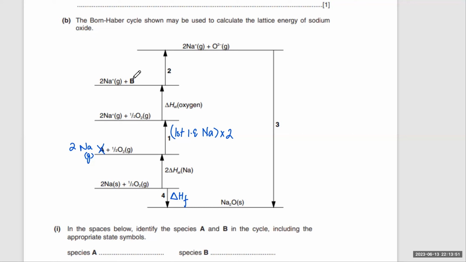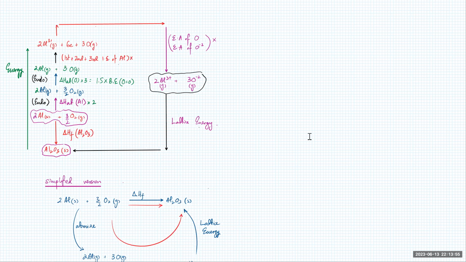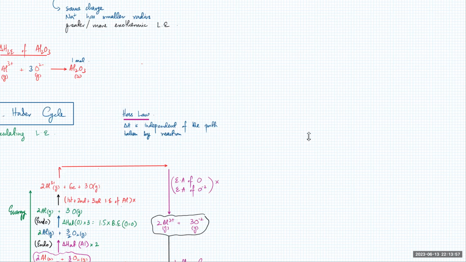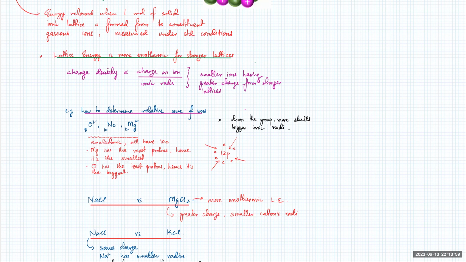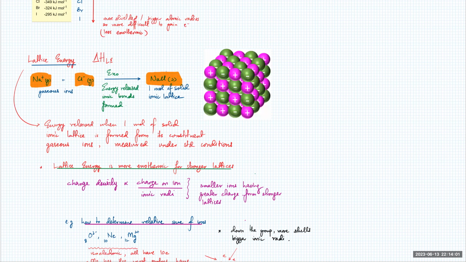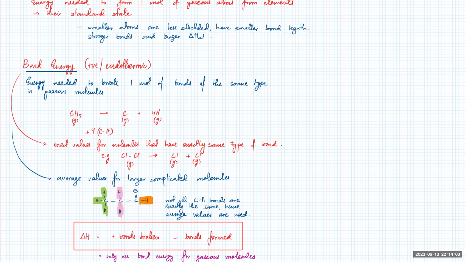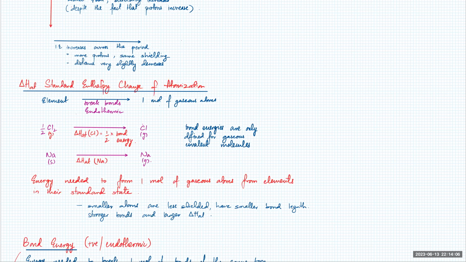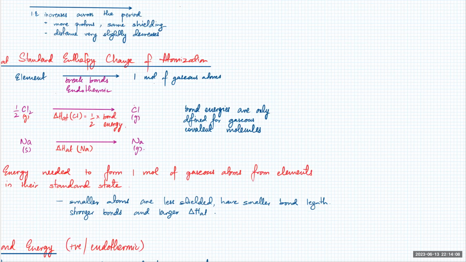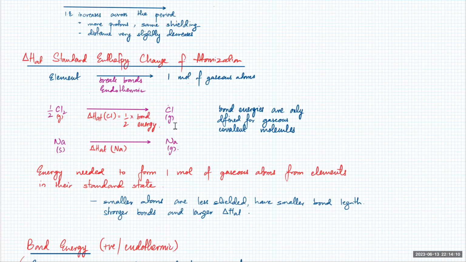What happens in atomization? In atomization, what happened was that 1 mole of gaseous atoms was formed from its element, right?